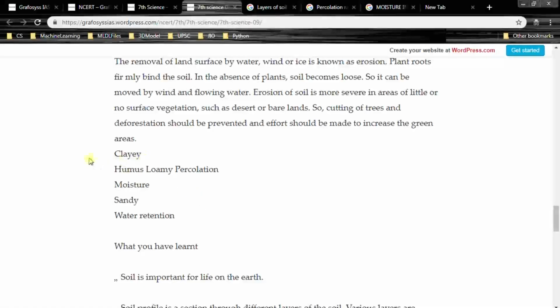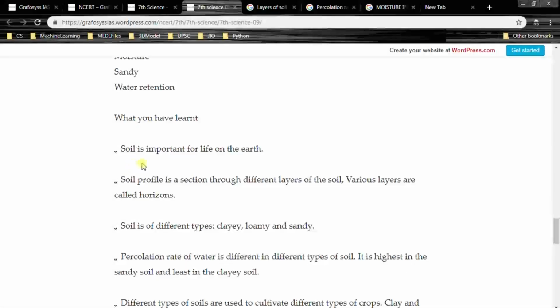And the important keywords: clayey, humus, loamy, percolation, moisture, sandy, water retention. So what we learned: soil is important for life on the earth. Soil profile is a section through different layers of the soil. Remember A, B, C layers: A humus, B minerals, C rocks.